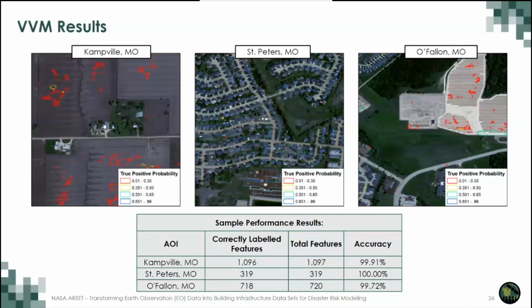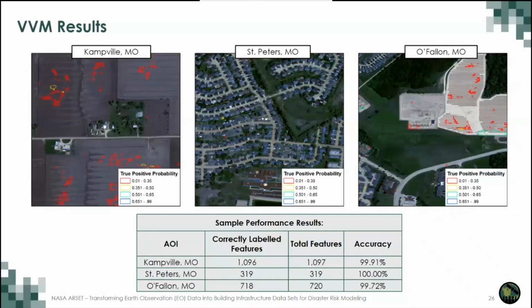So this is how we go through. And even if the convolutional neural network, for whatever reason, begins generating some false positives, we can quickly identify those and remove them from the output. For example, on the left side of your screen, there's Campville, Missouri. There's some texture in these agricultural fields that generates a significant amount of false positives, and our secondary model went through and was able to detect these and automatically remove them.